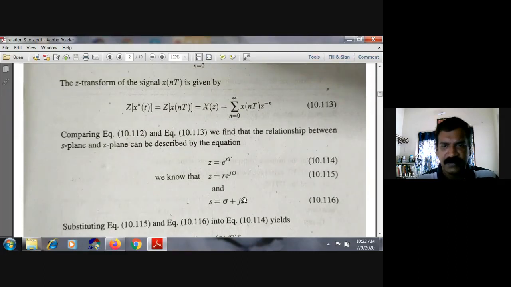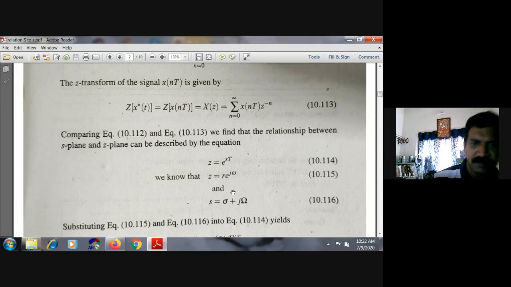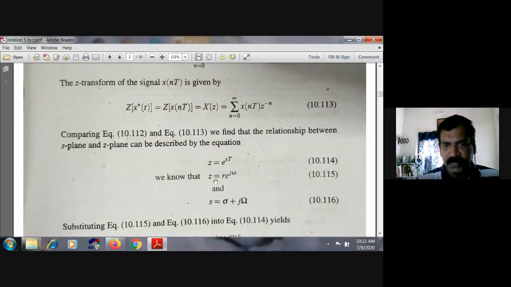Capital omega is the imaginary term, along with the real term, so this is a complex term having a real part and an imaginary part. Here z is equal to r into e raised to j omega in polar form.